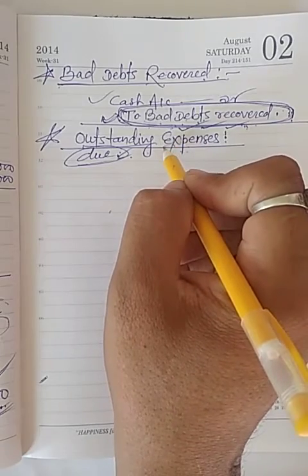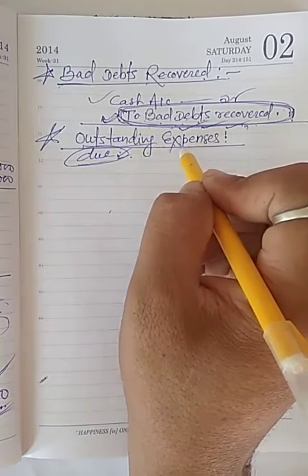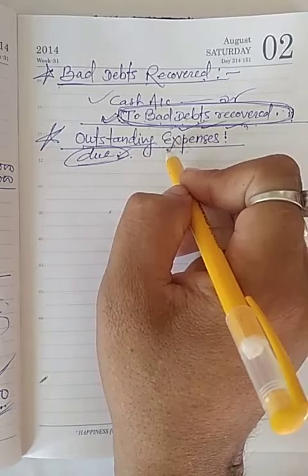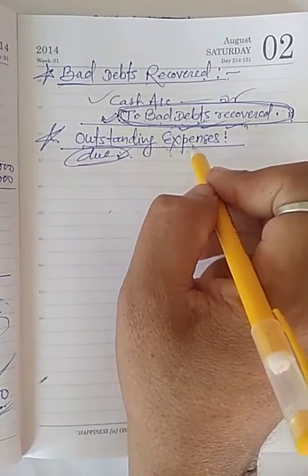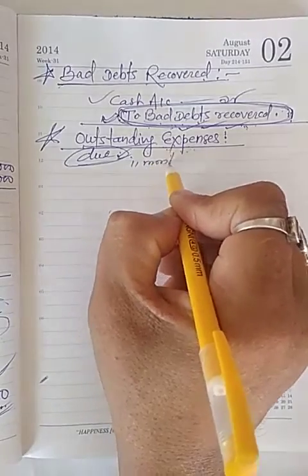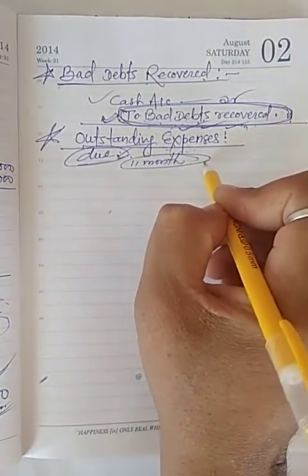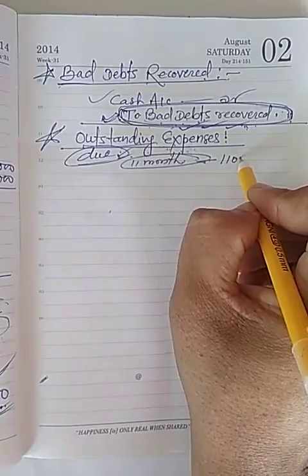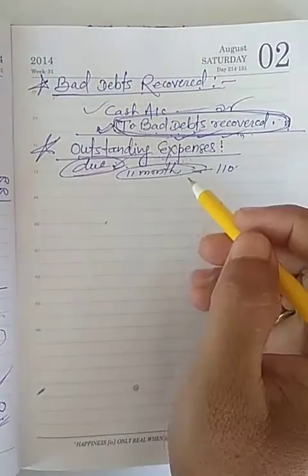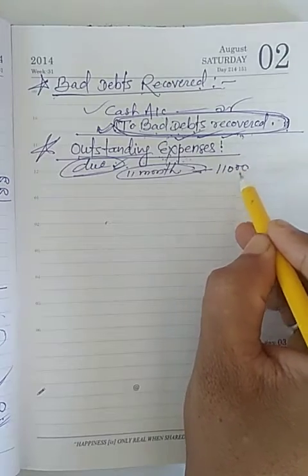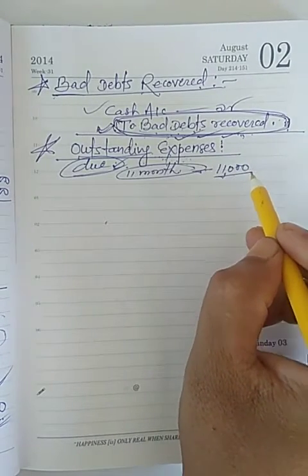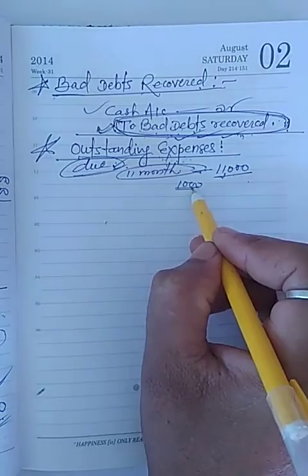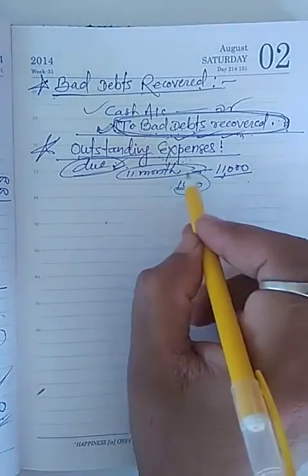For example, if an employee is paid salary rupees 1000 per month, and if during the year only 11 months' salary amounting to 11,000 has been paid to him, then rupees 1000 for 1 month will be outstanding salary.